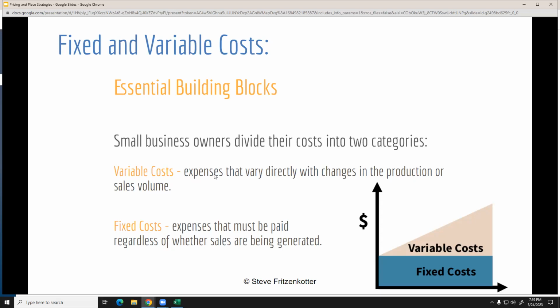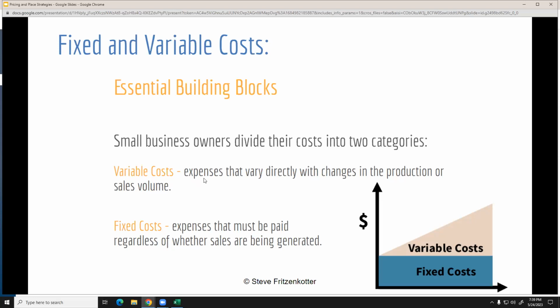And essentially, to simplify it, variable costs vary or change with production or sales volume. So keep that in mind, because the more you sell, the more boxes and packages you use, the more units you produce, and the more people are involved with that, the more you have to pay them.